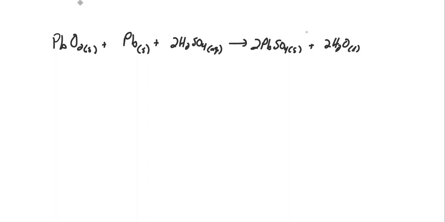Now this one looks a little more complex. Let's take a look at our oxidation numbers here. Lead we're unsure of, but oxygen again is in that 6th column, so it wants to have a -2 oxidation number. It wants to gain 2 electrons. Since there are 2 of them, that means lead here has to have a +4 to give it its neutral charge. Lead all by itself, of course, since it's got no charge, means that it's 0 oxidation number.